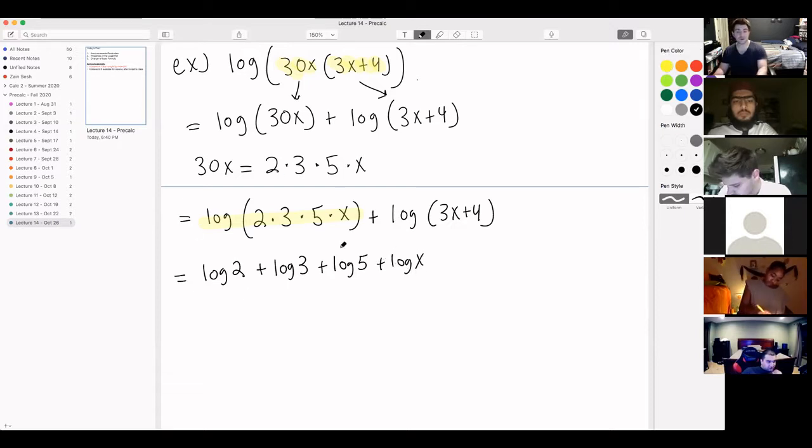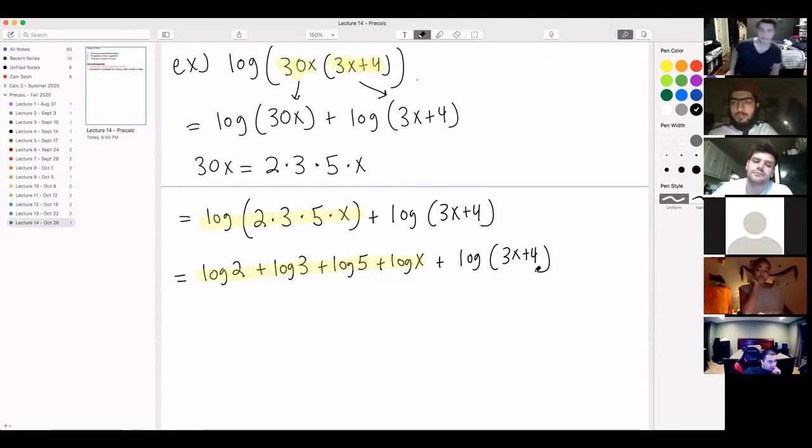That was just this first yellow part. That's what the yellow part expanded out to. And then the log of 3x plus 4 just comes down as is. So that would be expanded as much as possible.